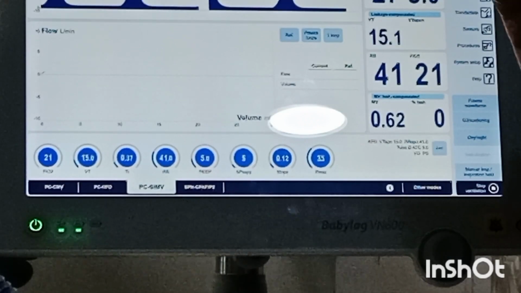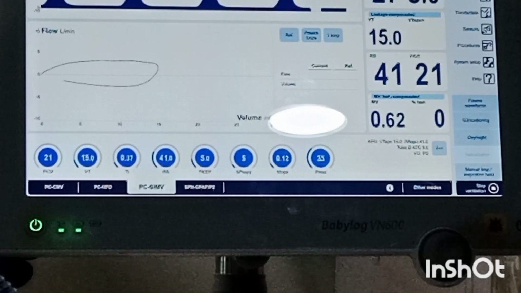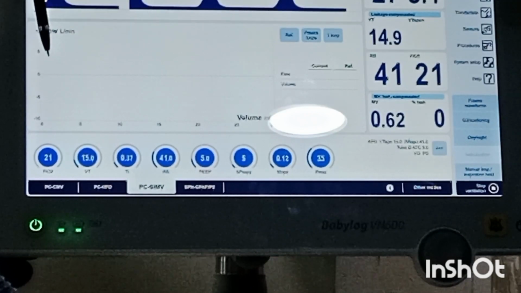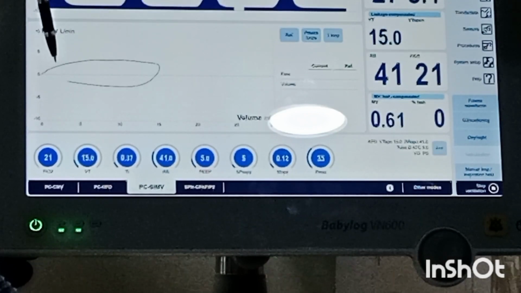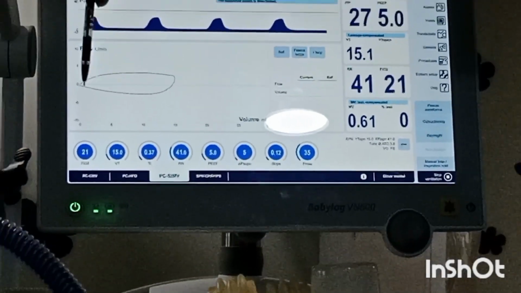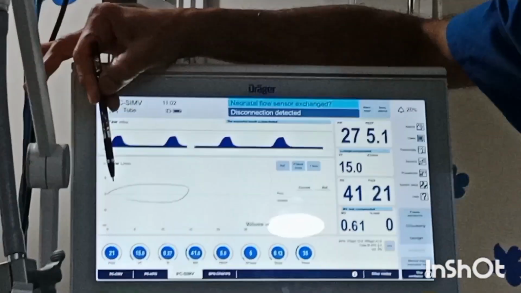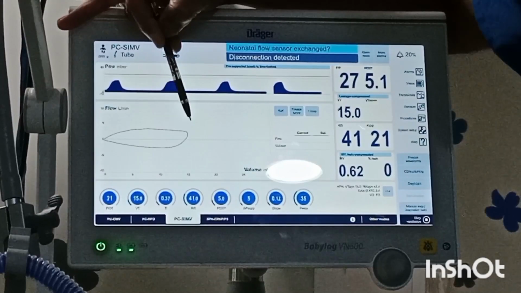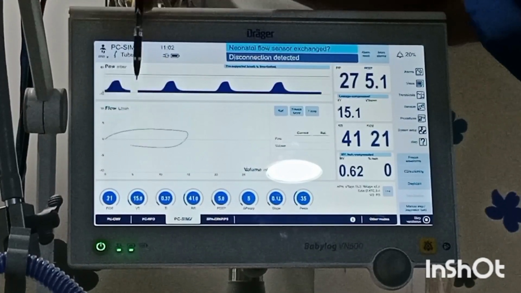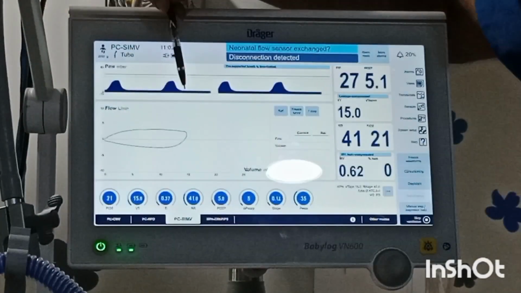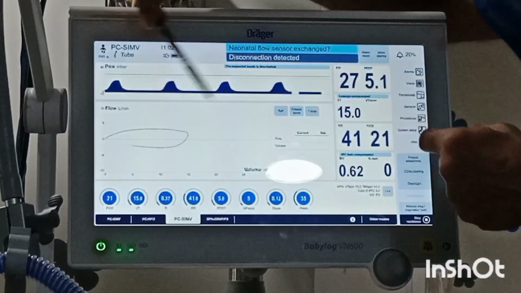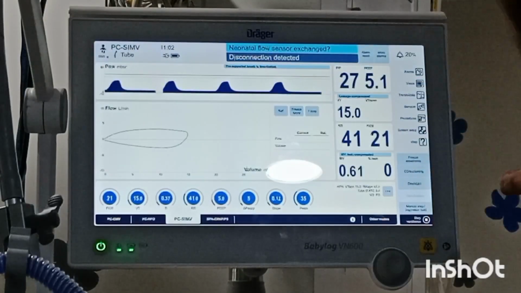It is coming at the PEEP level, 5, 6, whatever you keep. Here, this is the inspiration and this is the expiration happening. So you can detect the peak inspiratory and peak expiratory flow on this curve. And very important, both come and join at 0. Are you clear?